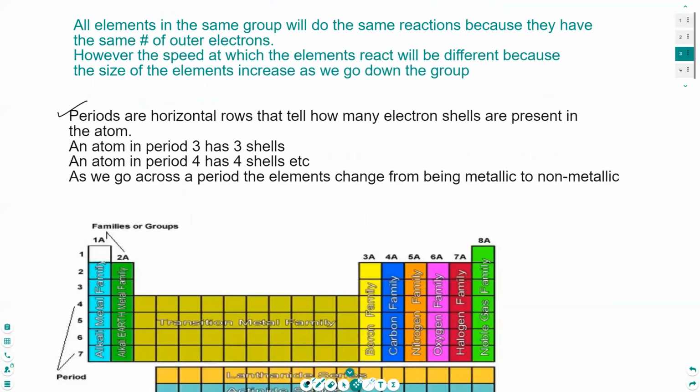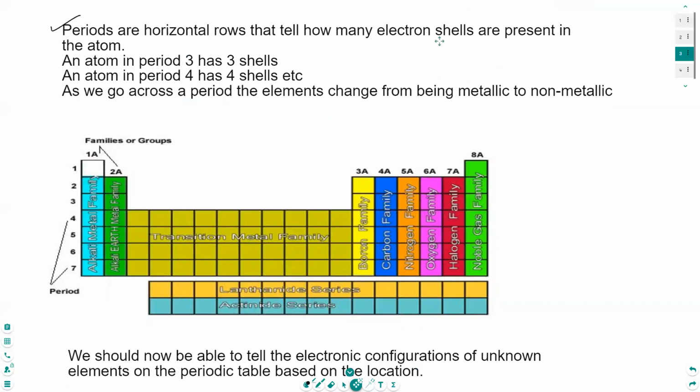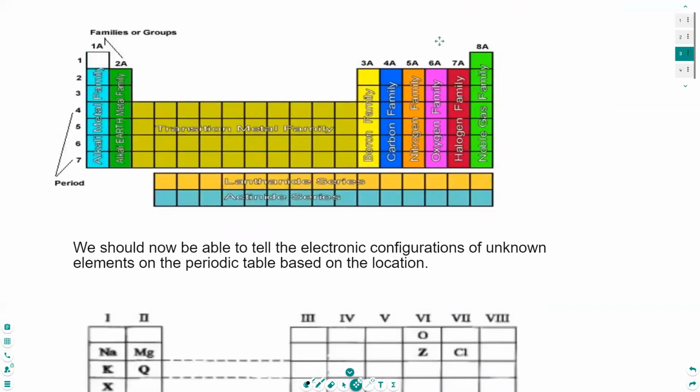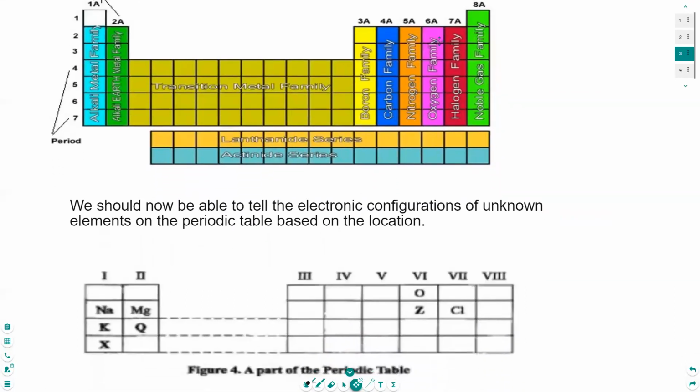All right, so this is just showing you again the families or the groups going down the vertical columns, and then going across, we have the periods. So period 1, period 2, period 3, 4 going down, which tells us the number of shells. So we should now be able to tell the electronic configuration of unknown elements in the periodic table based on their location.